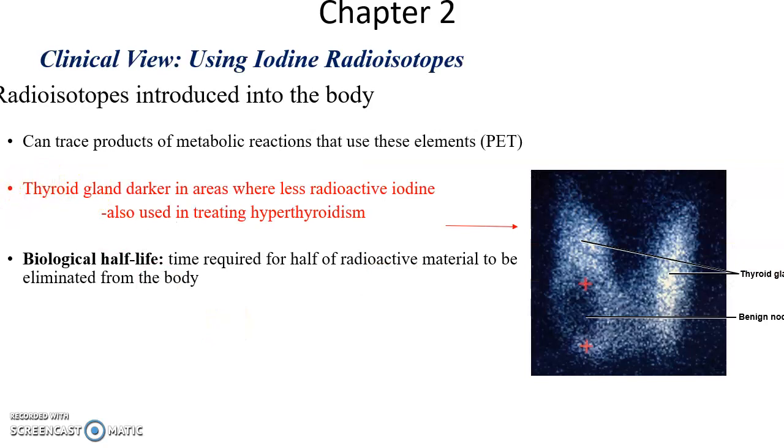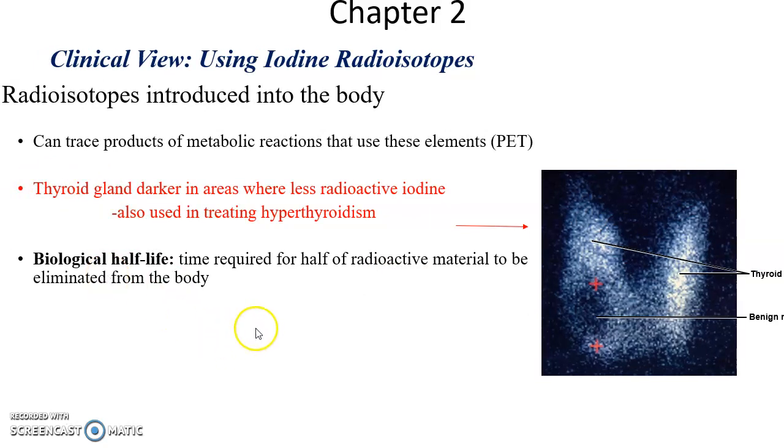So for example, with the thyroid, all of the iodine that we consume ends up in the thyroid gland. So if someone has hyperthyroidism, they can take a radioactive iodine in order to damage the thyroid so that it produces less hormone. Also, if they think maybe there is a tumor in the thyroid gland and they want to determine if it's a passive benign tumor or an active cancerous tumor, then they can also supply the body with the radioactive iodine and then see how it's distributed in the thyroid gland.